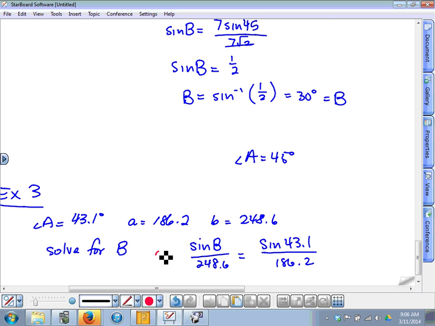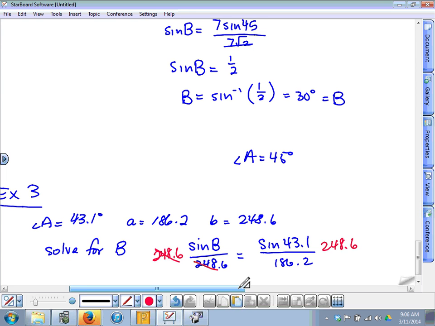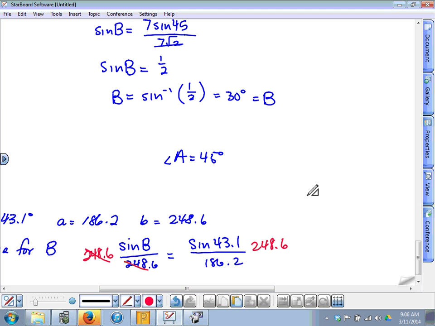Multiply both sides by 248.6. So that gives us the equation sine of B equals 248.6 sine of 43.1 over 186.2.